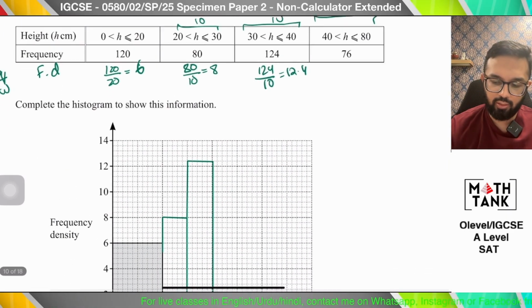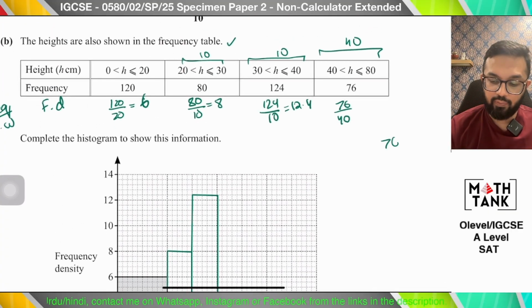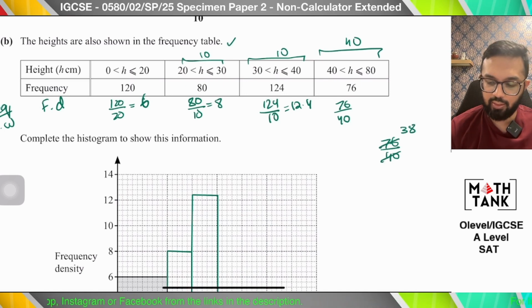Then 76 divided by 40. Now, since I don't have a calculator, I will have to do this manually. So 38, 20, 19, and 10. That gives me an easy 1.9.